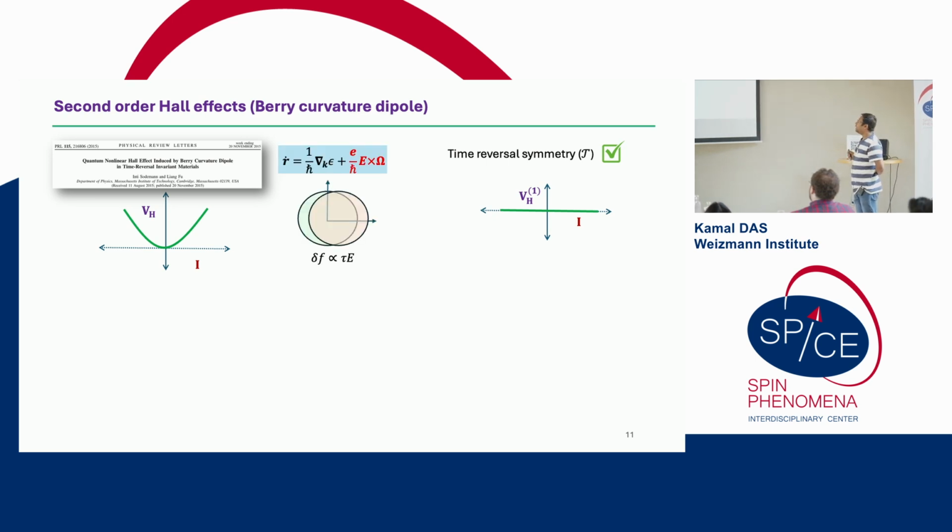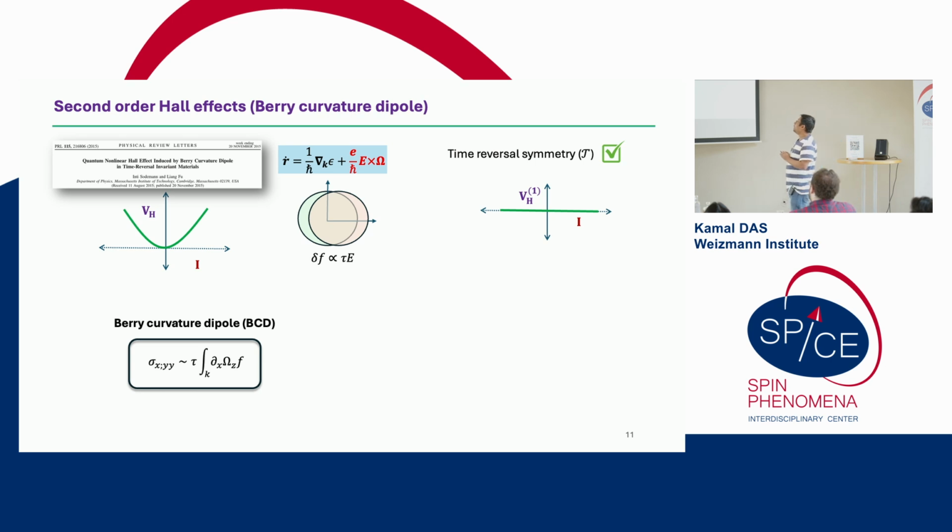They say that this kind of Hall effect can originate from the combination of the anomalous velocity, E cross omega, and a first order shift in the Fermi surface. Note that the 2 electric fields appear one from the velocity and the other from the distribution function.